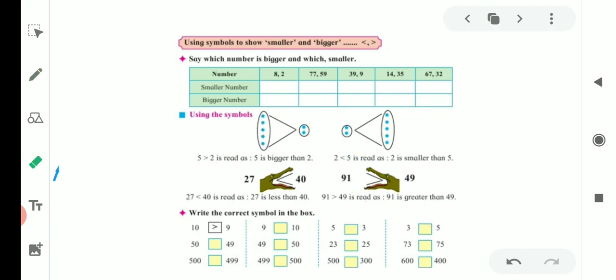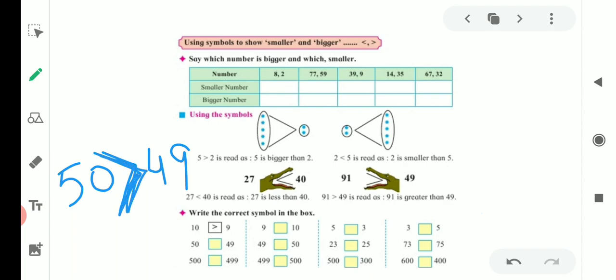Okay. Next is 50 and 49. So you will write 50 is greater than 49. This sign will come because the opening of the mouth always faces towards the greater number. Always remember that.